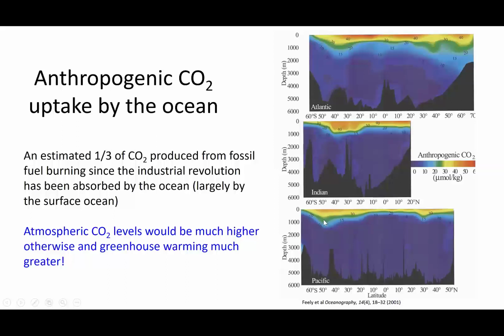Now, this deepening of the CO2 uptake here is related to that Antarctic intermediate water moving north and being subducted below the lower density surface waters moving south in this area. So this is also bringing higher anthropogenic CO2 into the upper part of the ocean.